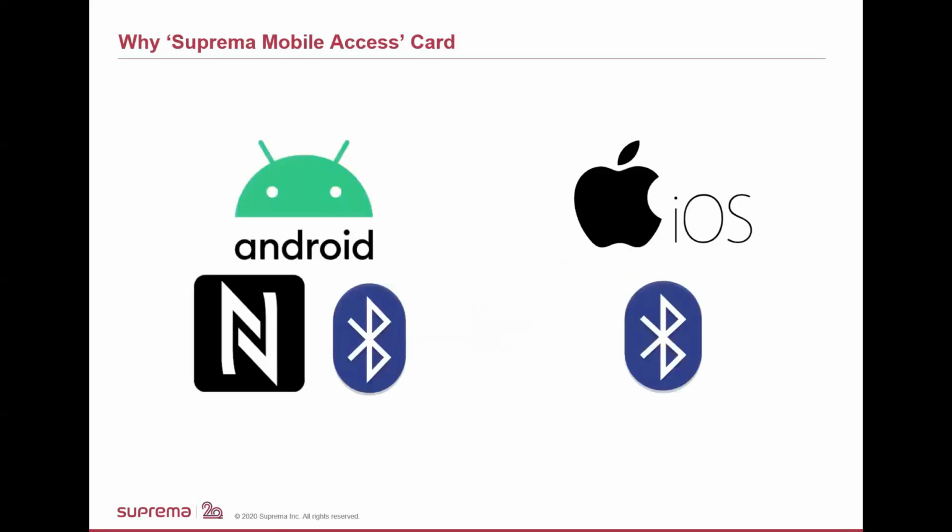Until now, to use the mobile access card on both Android and iOS, NFC and BLE are the options you can use on an Android device, and BLE, Bluetooth, is the only way with iOS. NFC is a fast and reliable method for short-range communication, and Bluetooth is an optimal method. With these technologies, Suprema supports a good quality mobile card service.